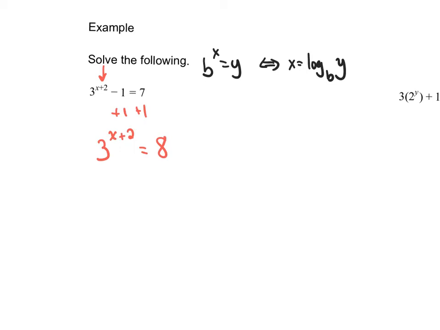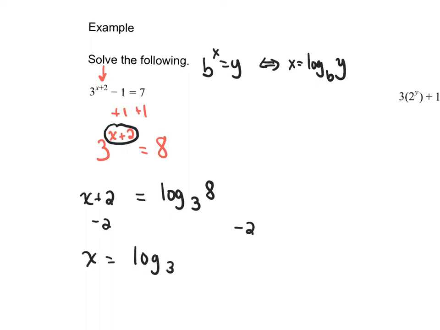So how I'll do this one is whatever is in the exponent is going to go by itself. That's the whole purpose of turning to log. So x plus 2 equals log base 3 of 8. And now to get it by itself, you can simply subtract 2. So x is going to equal log base 3 of 8. That's some number, right? Because those are both numbers, minus 2. So this is our exact answer.